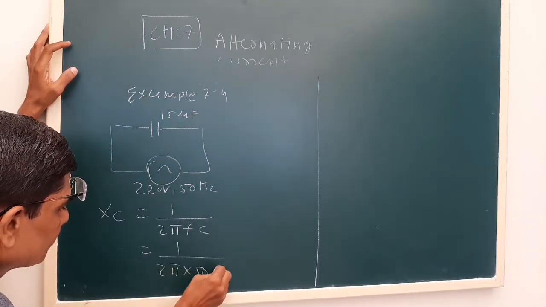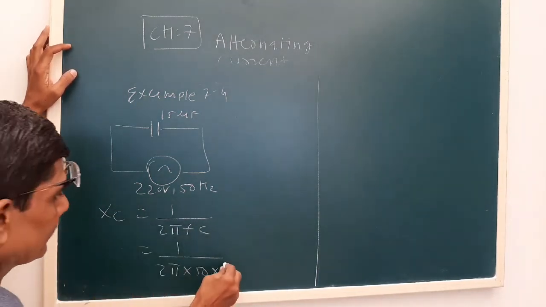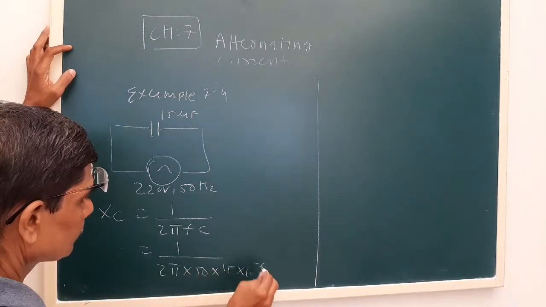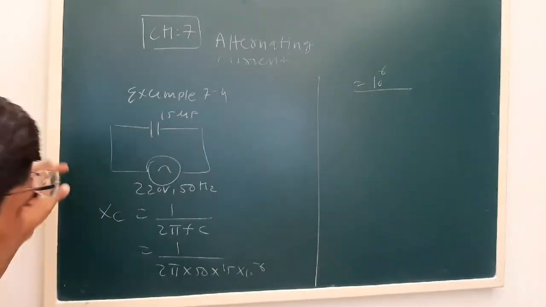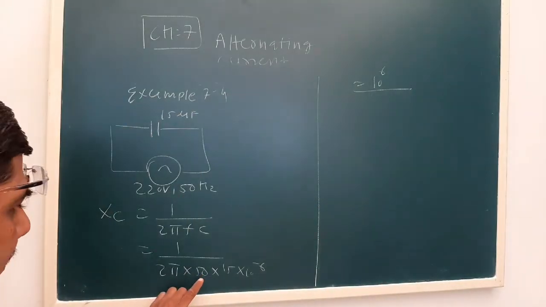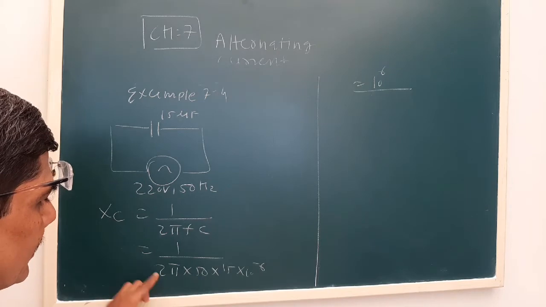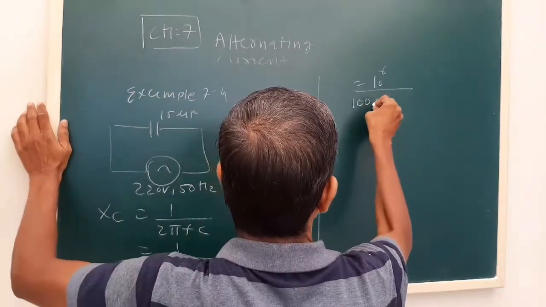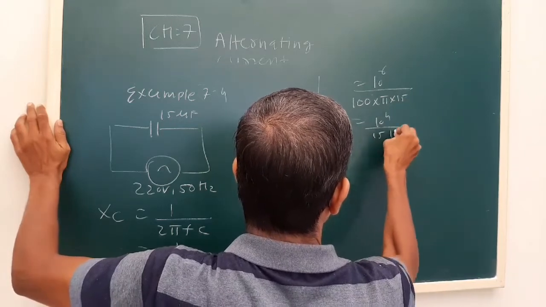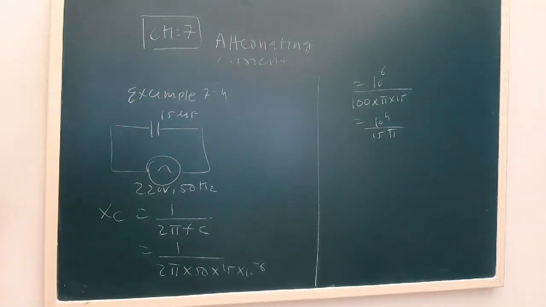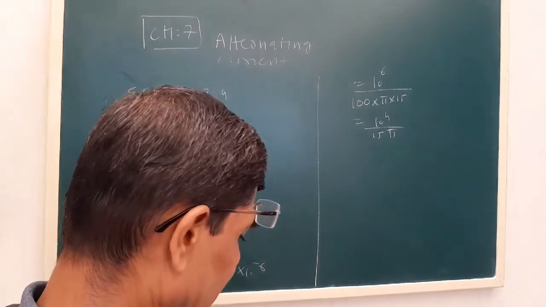With frequency 50 hertz and C as 15 microfarad, that gives 10 to the power 6 upon 100 pi into 15, that is 15 pi.